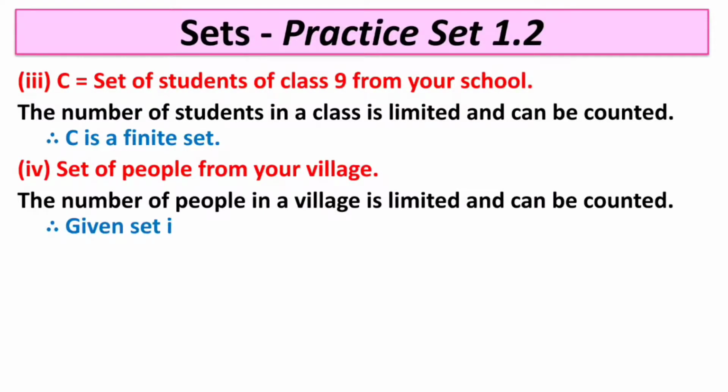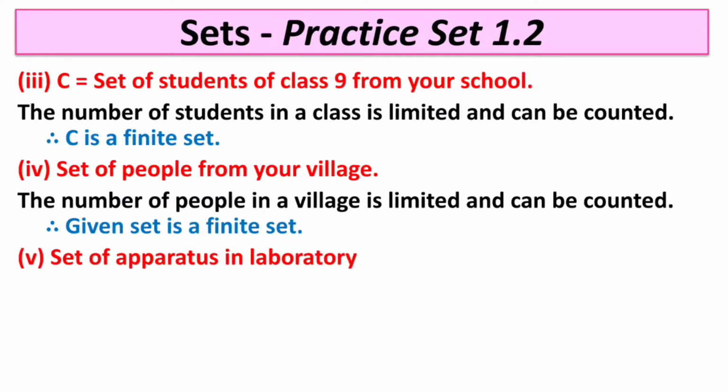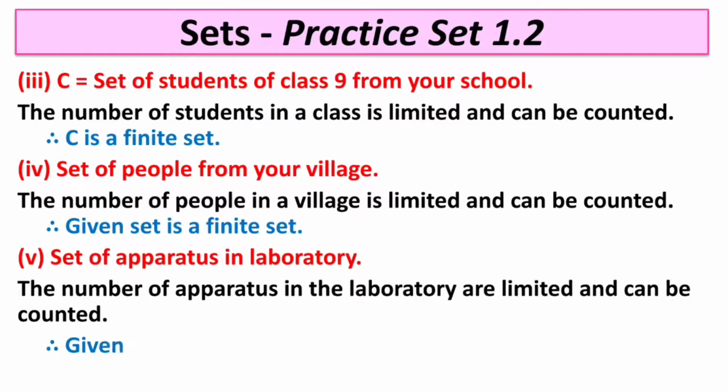The next one is set of apparatus in a laboratory. The number of apparatus in the laboratory is limited and can be counted. So, this is also a finite set.